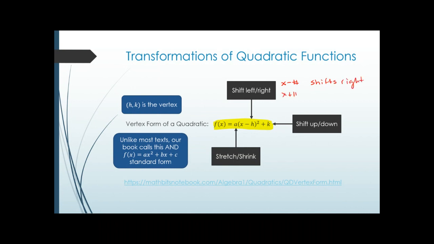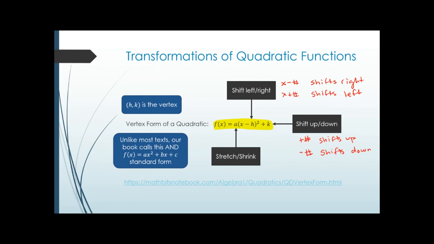If it says x plus a number, you're shifting left. And then we have plus k. If it's a positive number there, that shifts up. And if it's minus a number, it shifts down.